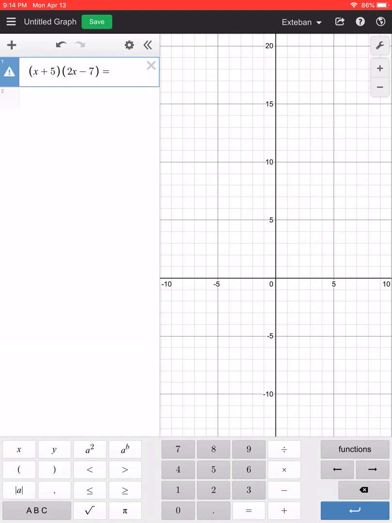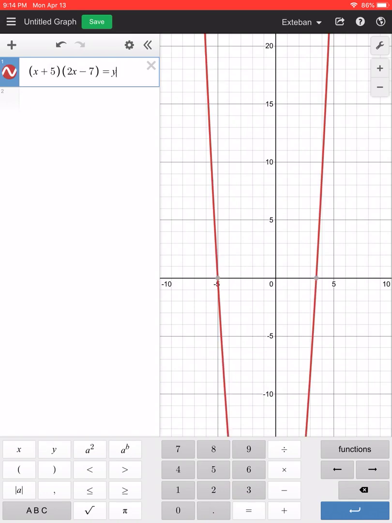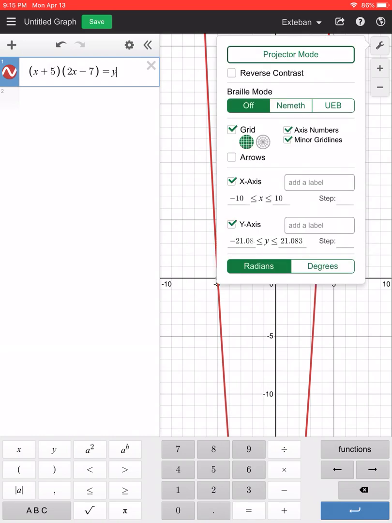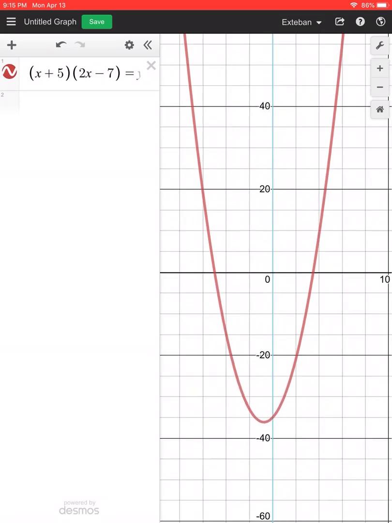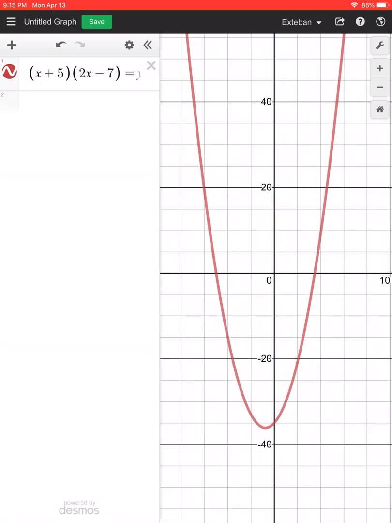Now, you could type in 0. I would suggest you type in y, and I'll explain why in a moment. It won't really matter, but I think it's better in the long term to think about that as y. Now, here's the key. Let me zoom in, turn my projector mode on, and squish the y-axis just a little bit.